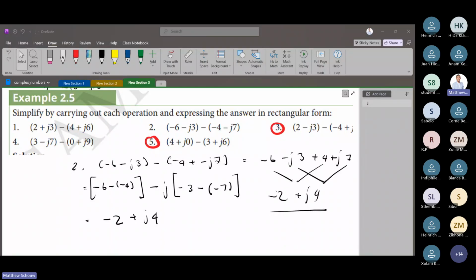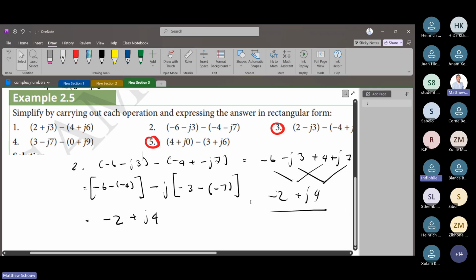Now, what's number 5? I said number 3. I said 5, it's 1 plus j4. No, it's not. It's 1 plus j6 apparently. I'm checking the answers now. And then number 3 is 6 minus j9 apparently. I'm just looking at the book. I haven't actually solved it myself.